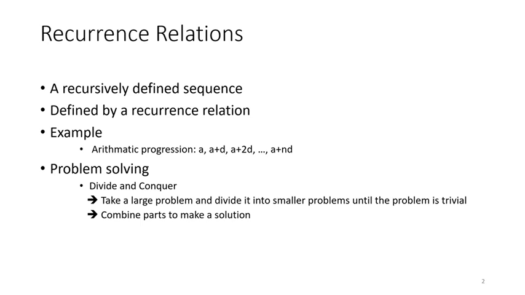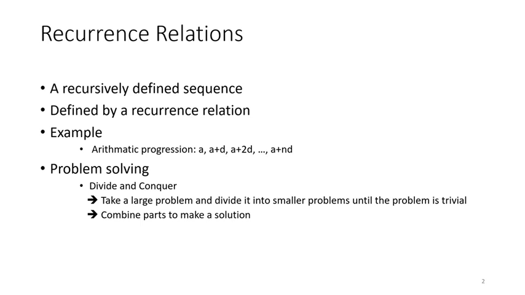Now, in the current context of the design and algorithm, I'm going to show you some examples and some processes of problem solving, particularly emphasizing on divide and conquer method. So what is that method?